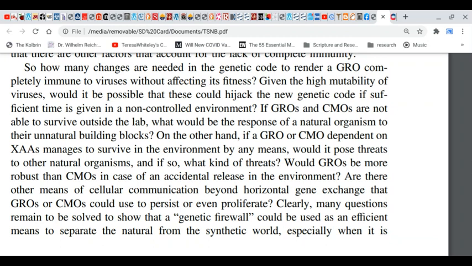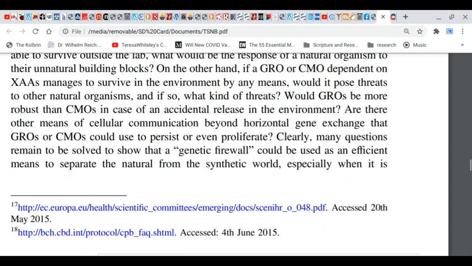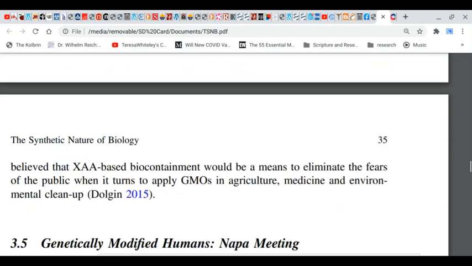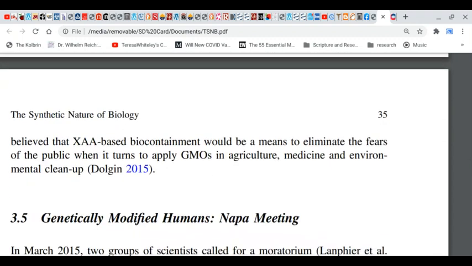Clearly, many questions remain to be solved to show that a genetic firewall could be used as an efficient means to separate the natural and the synthetic world, especially when it is believed that XAAs-based biocontainment could be a means to eliminate the fears of the public when it turns to apply GMOs in agriculture, medicine, and environmental cleanup.